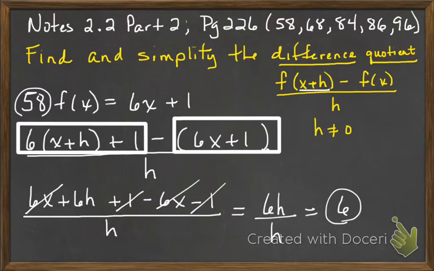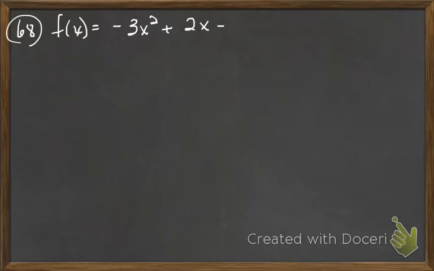Let's look at 68. Same formula, harder equation. F of x is equal to negative 3x squared plus 2x minus 1. So I picked a really easy one and a harder one.